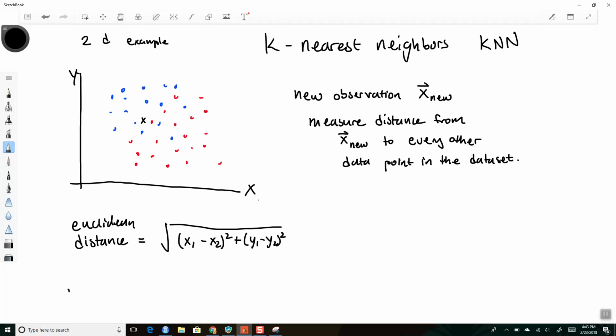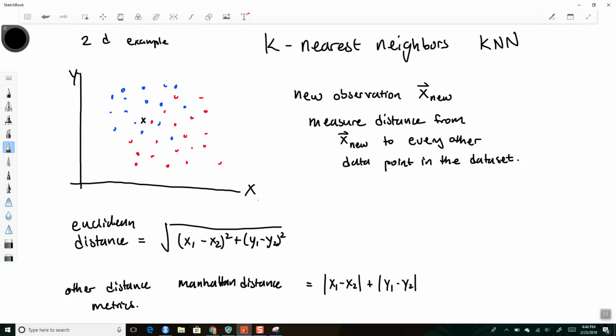There's other distance metrics, such as Manhattan distance, which is if you don't know how to walk in diagonal lines and you can only walk parallel to the axes, then it just becomes the absolute value of x1 minus x2 plus the absolute value of y1 minus y2.